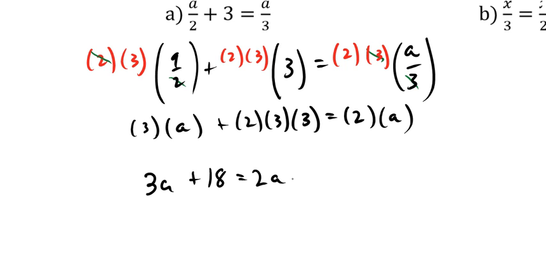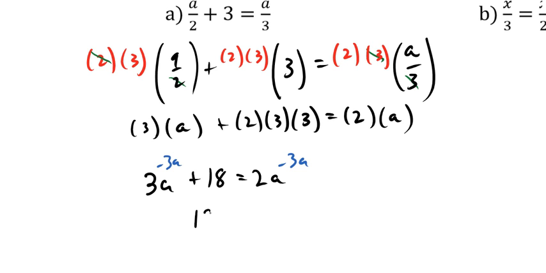Now, how do I solve a question like this? No, do you remember? Yep, and? Which would you like to do? Okay, let's move the 3a. I'll do that by subtracting 3a from both sides.